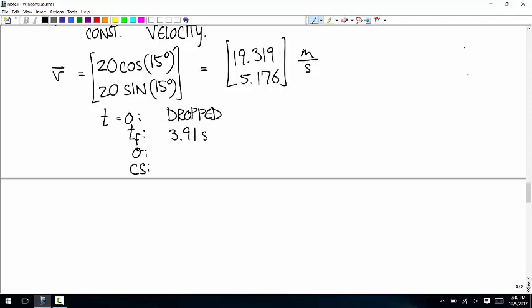The origin, I always put on the ground below where the thing is at time equals 0. I don't think that's how I did it in my solutions, but let's do it that way here. So it's on the ground, beneath the object, at time equals 0. And then the coordinate system will do the usual thing with y up.